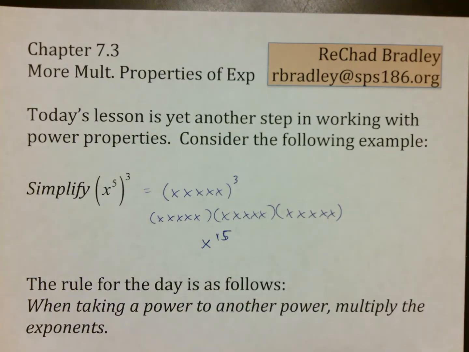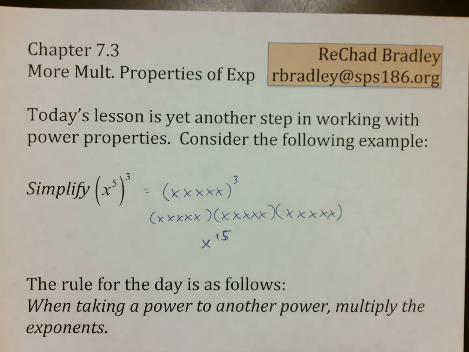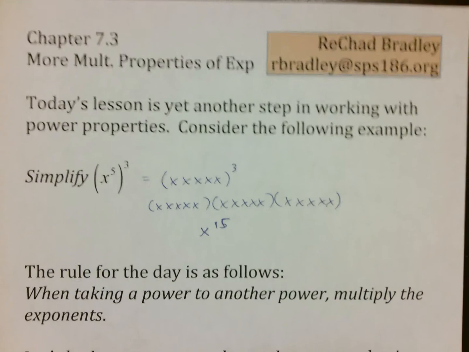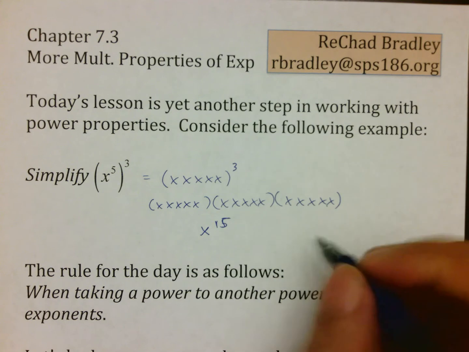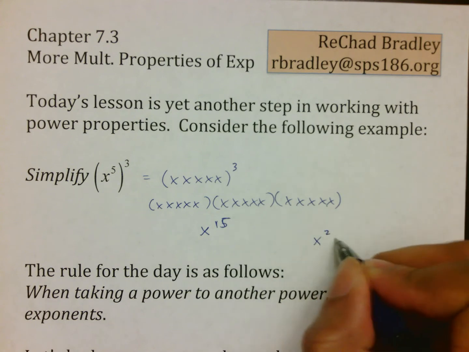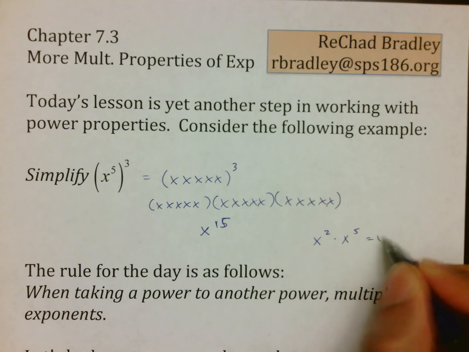So that is the new rule you're going to be using, which is power of a power. It's when a power is going to another power. The rule today is that when you're taking a power to another power, you simply multiply the exponents. What we've learned so far is that when I have x to the second times x to the fifth, we add these two up to get x to the seventh.